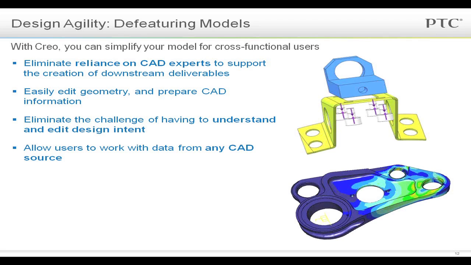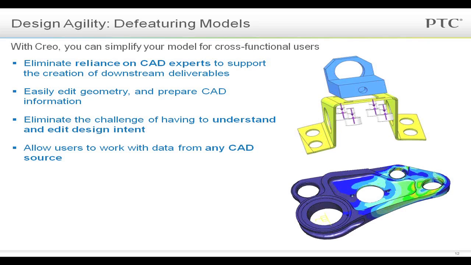And of course, because this is just adding additional features to the model tree, that really means that as we go through and add content, we'll see that we've got those features which can be removed or suppressed, etc. And again, because it's just adding features, we can work with data from any CAD source. It doesn't need to actually understand what's going on.